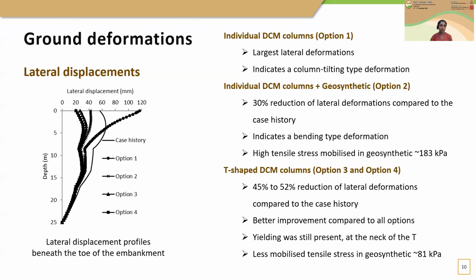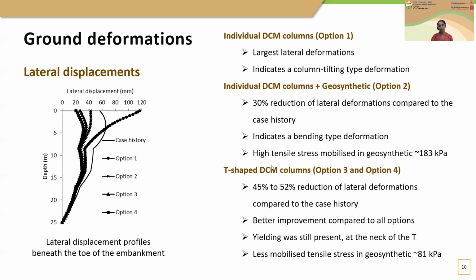When we shifted to individual DCM columns in option 1, the lateral deformations were much larger and the failure type was column tilting. This tilting type failure was reversed and held very well once we incorporated the geosynthetic reinforcement in option 2. In fact, option 2 showed 30% reduction of lateral deformations compared to the case history.